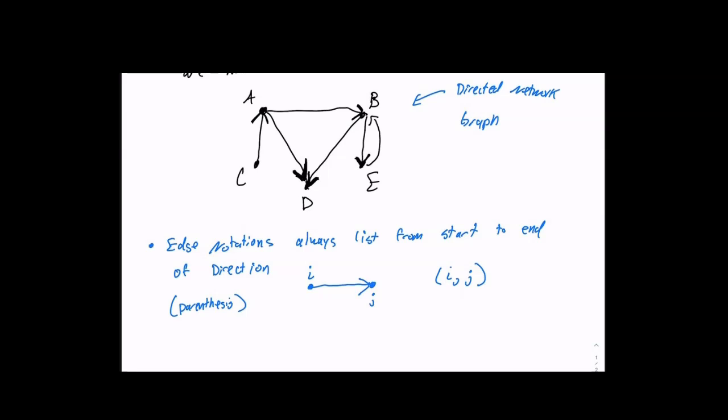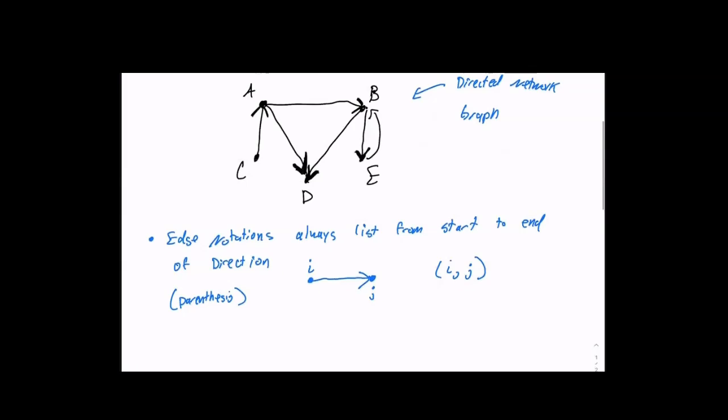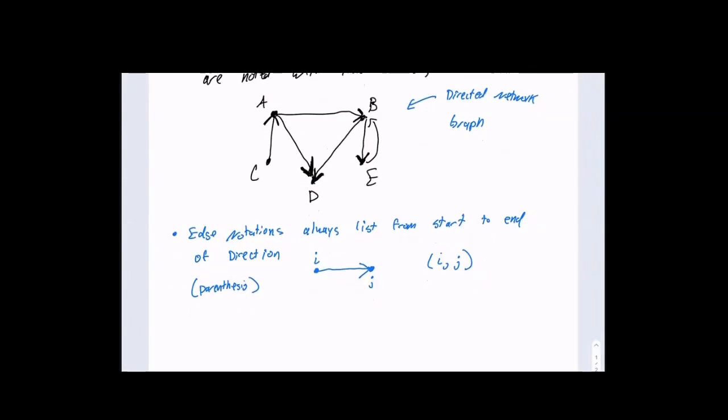So I is the start of the network and J is the ending. So it always flows from I to J. Questions?